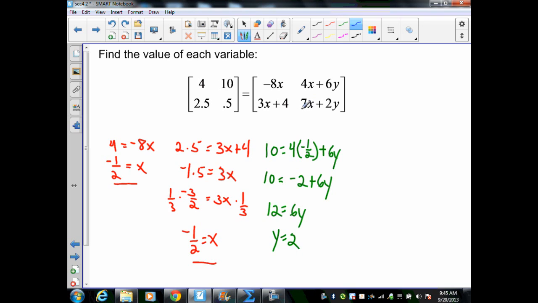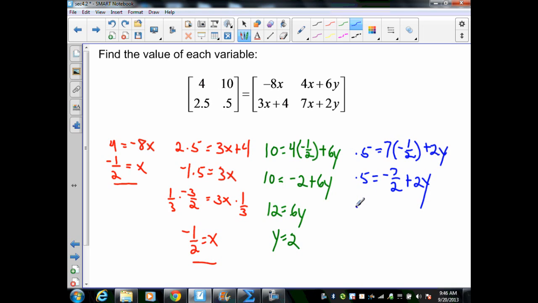That's going to be 0.5 equals 7 times x, which we know is a -1/2, plus 2y. That gives me 0.5 equals 7 times a -1/2 is a -7/2, plus 2y.